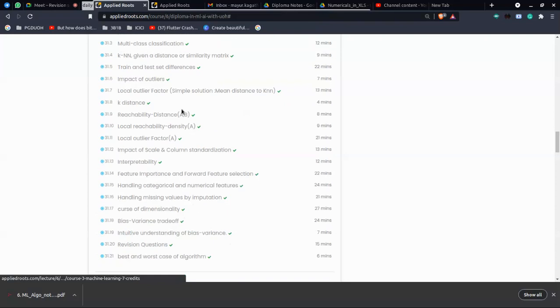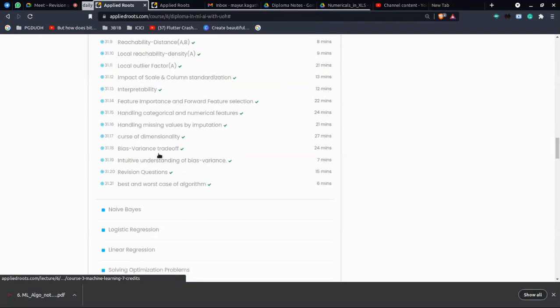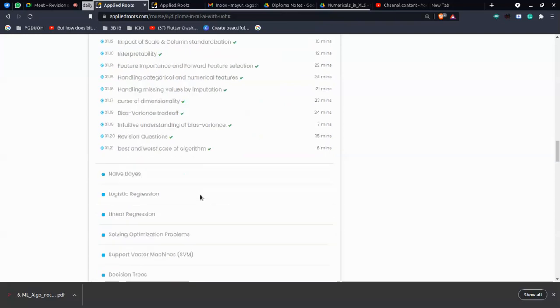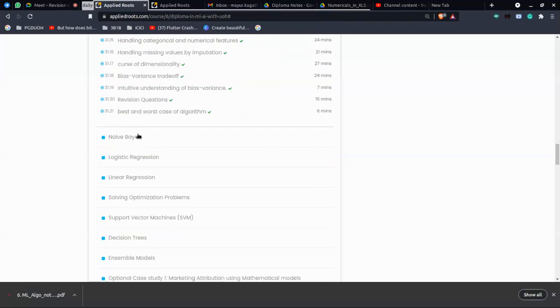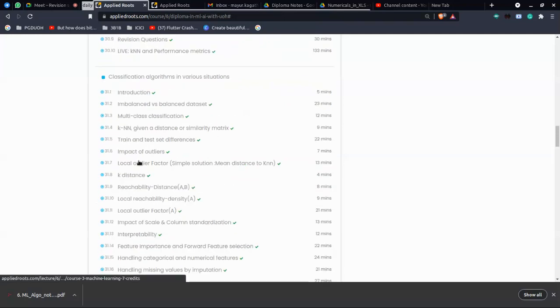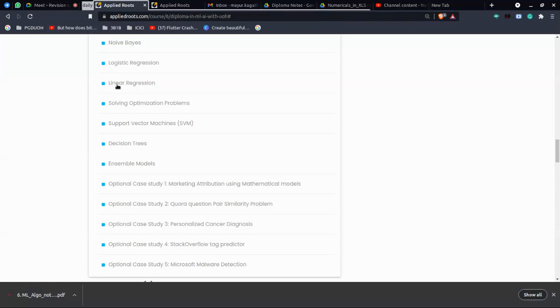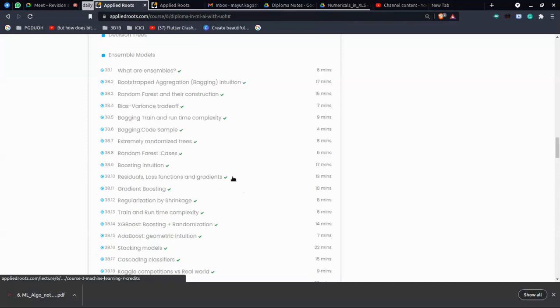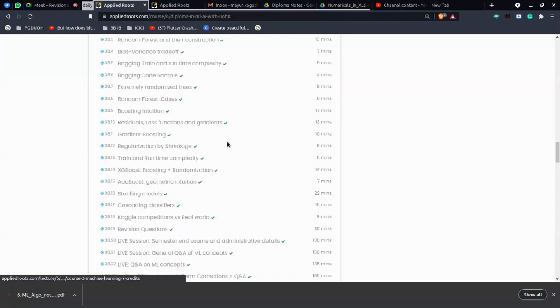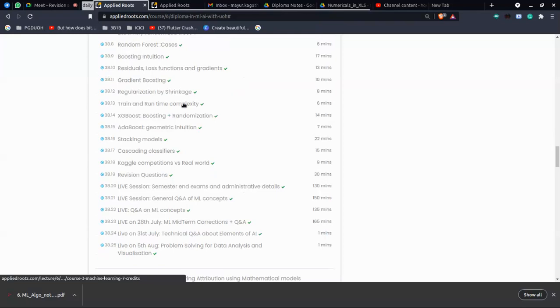Right now, K distance, LOF, LRD, interpretability, bias variance trade-off, right? Now we will start with the core. Now we have six, I guess: naive bayes, logistic regression, linear regression, one, two, three, four, decision tree, random forest five, and gradient boosting six. And yes, I guess we are done. Gradient boosting is, I guess, the last topic.